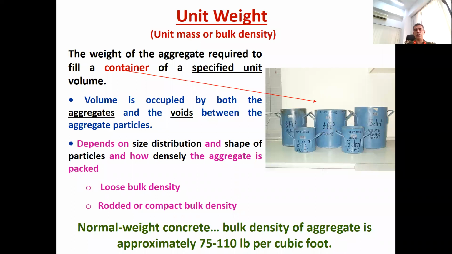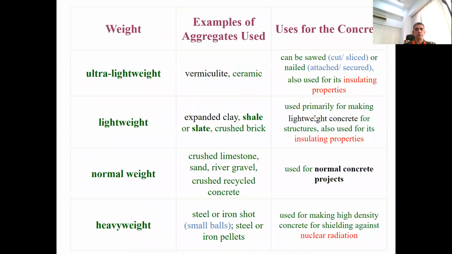That is called the rodded compacted bulk density. Normally, in case of normal weight aggregate, the bulk density of aggregate is approximately 75 to 110 pounds per cubic feet.